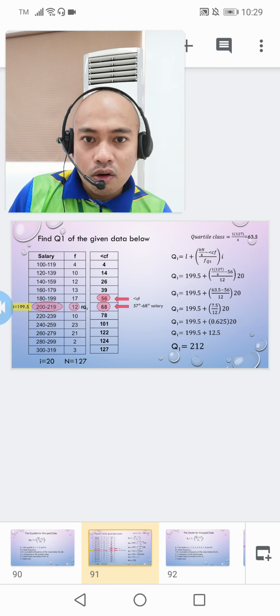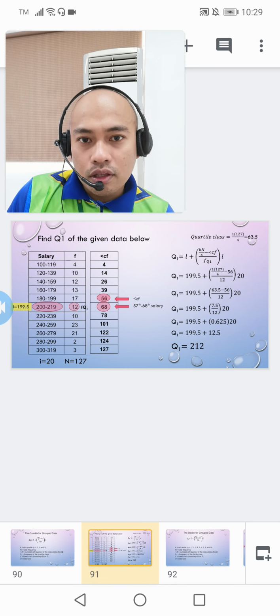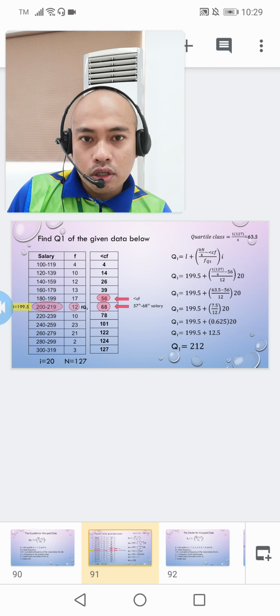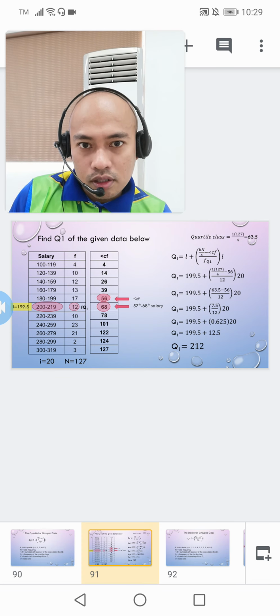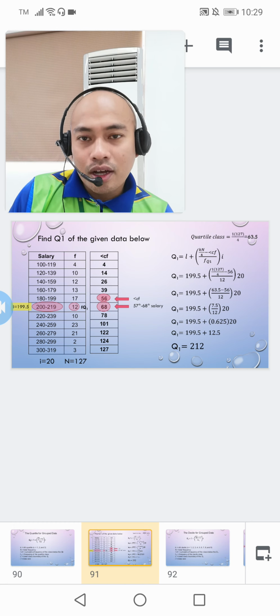So we have now quartile 1, which is equal to 199.5 plus the quantity 63.5 minus 56 over 12 multiplied by 20. We need to simplify first the value in the parenthesis, and we will come up with 0.625 as the value.